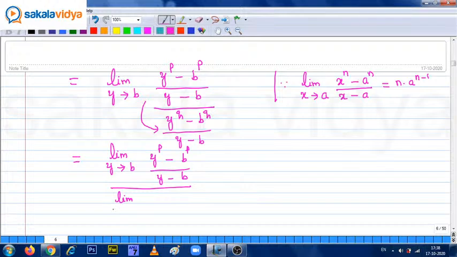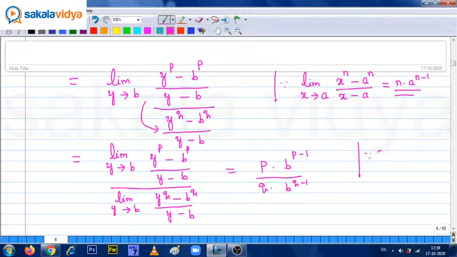Limit y tends to b of y to the power of q minus b to the power of q upon y minus b. This is equal to, using this formula, p into b to the power of p minus 1 upon q into b to the power of q minus 1.